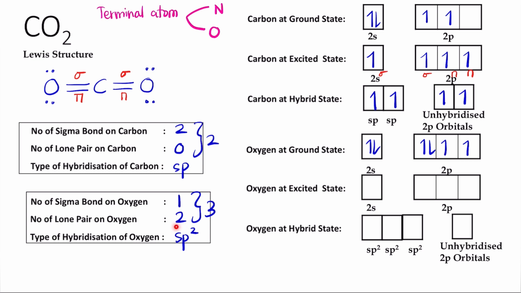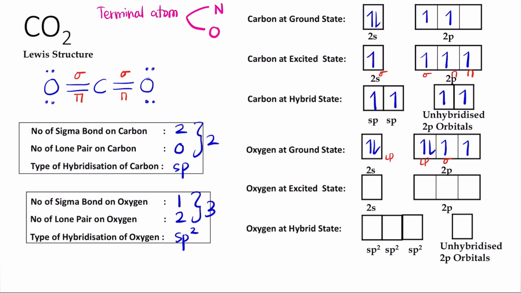And lone pair, oksigen ada 2. Lone pair maksudnya 2 pair. So, saya akan ambil this one sebagai lone pair. So, kalau saya nak label lone pair, ini sigma bond, saya akan cukuplah 2 lone pair dan 1 sigma bond. Lagi 1 elektron ni kita tak akan guna untuk proses hybrid for oxygen.